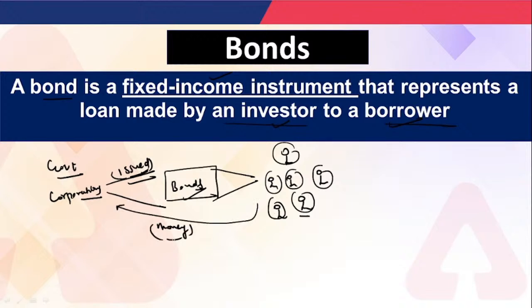If the general public is buying the bond which is issued by the government and corporations, that means the money is going from the general public to the government and corporations.